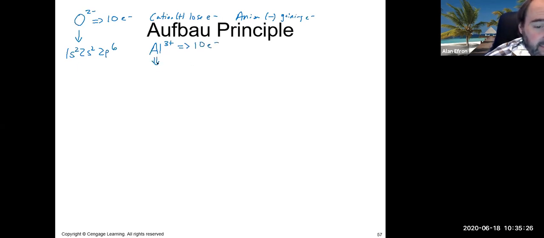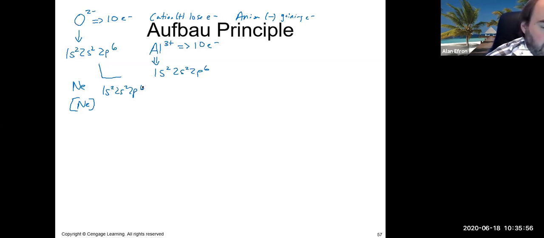That means we would have an electron configuration of 1s2, 2s2, 2p6. That's interesting. They both hit the same electron configuration. By the way, both of those electron configurations of 10 is the same electron configuration as neon, right? So neon is 1s2, 2s2, 2p6.